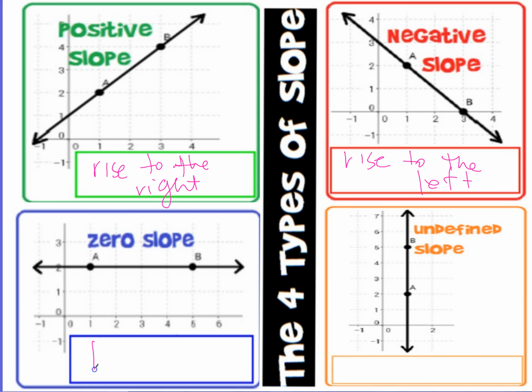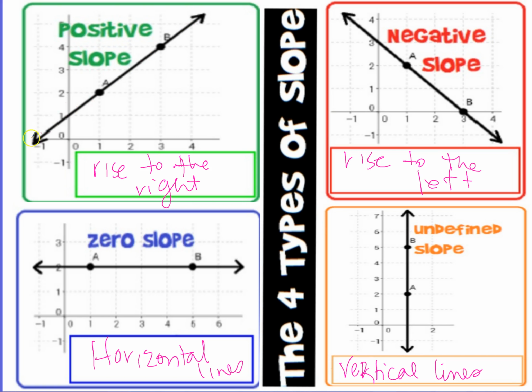Zero slopes are horizontal lines. And undefined slopes are vertical lines. Okay? Vertical. V-E-R-T-I-C-A-L, not C-L-E like some of y'all spell it.